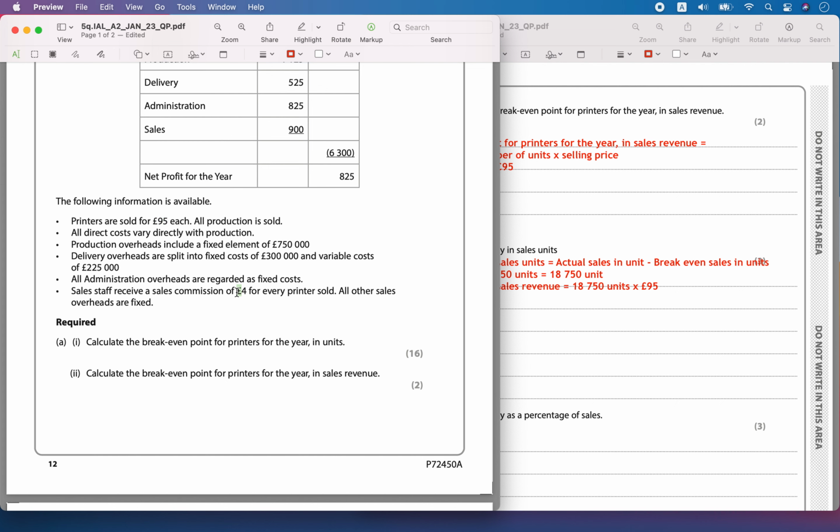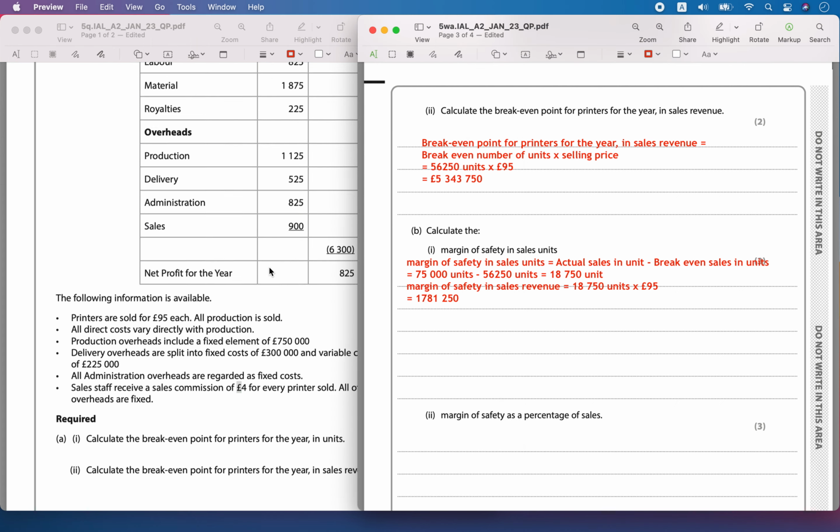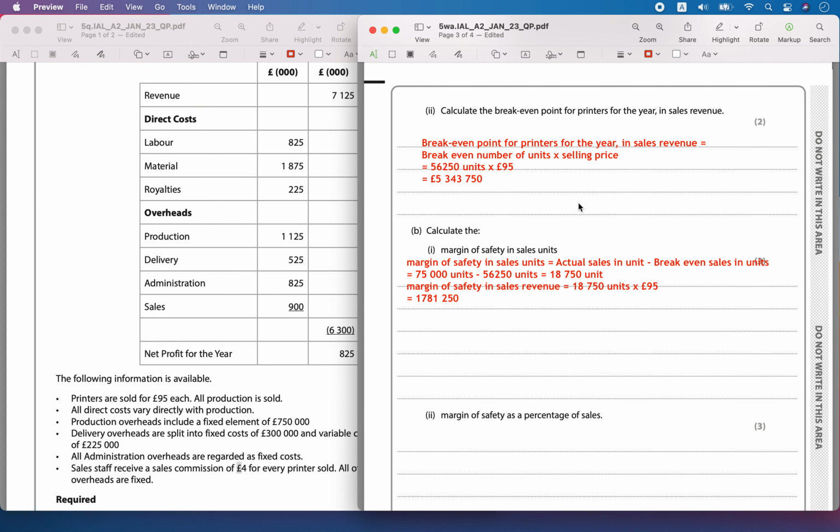So the revenue can fall safely from 7,125,000 to 5,343,750 pounds by this much amount. That's the margin of safety. By this amount it can fall till it reaches the break-even revenue.